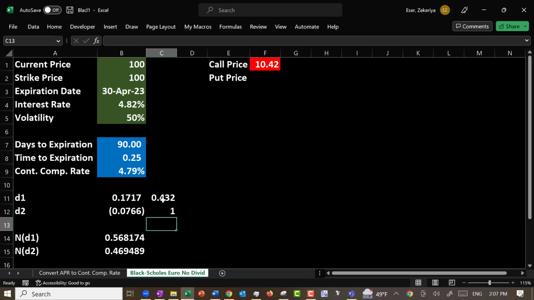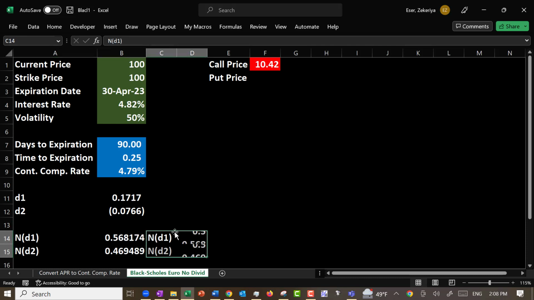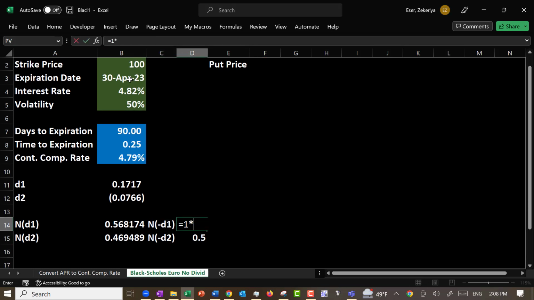You can calculate it separately, but you don't have to. Let's do this. That comes out of symmetry.